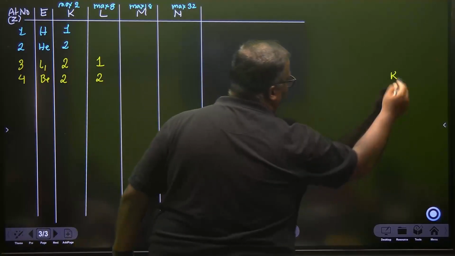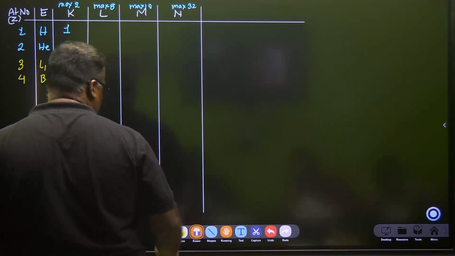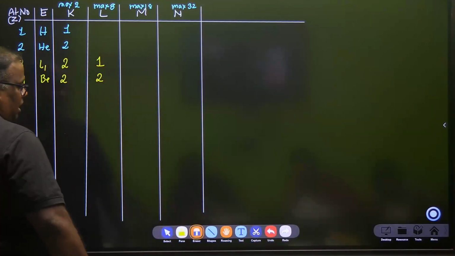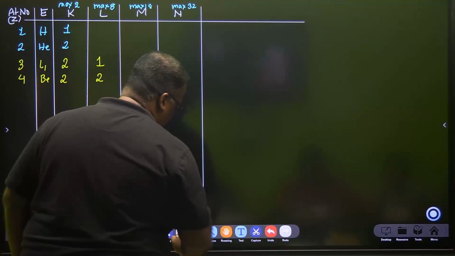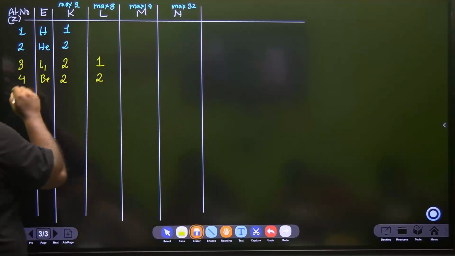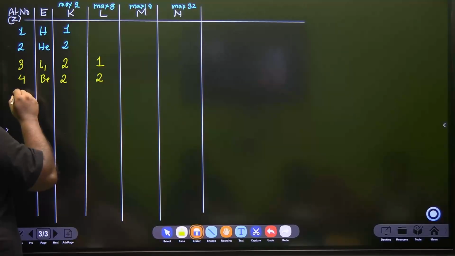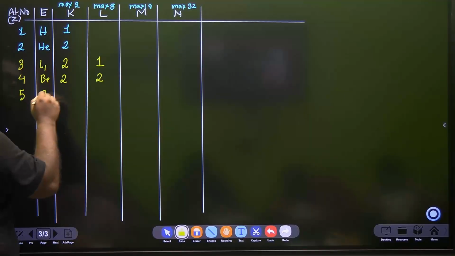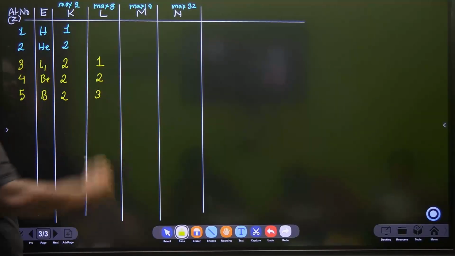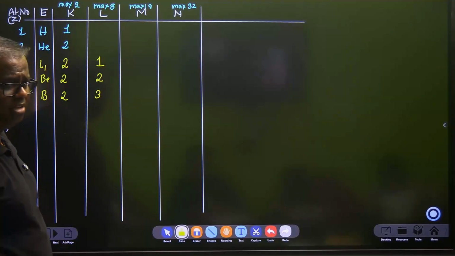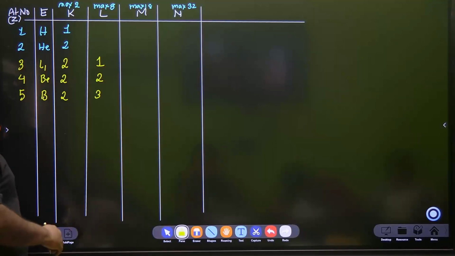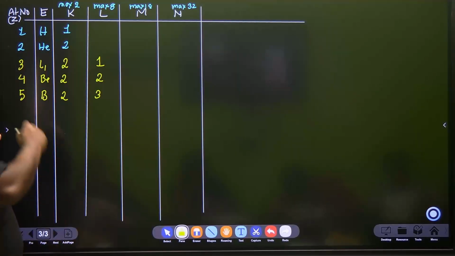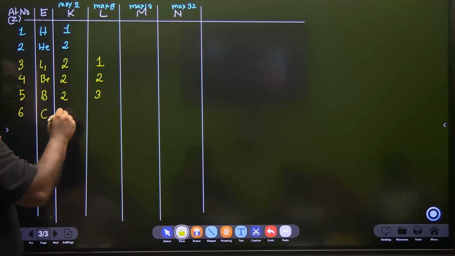Now you'll see some more interesting things. Lithium, beryllium, and then same period we continue up to boron. Boron atomic number is how much? 5. Boron will be 2, and boron has 3 kids. There are still 8 beds, keep giving them. After boron, carbon. Carbon is 2, 4.